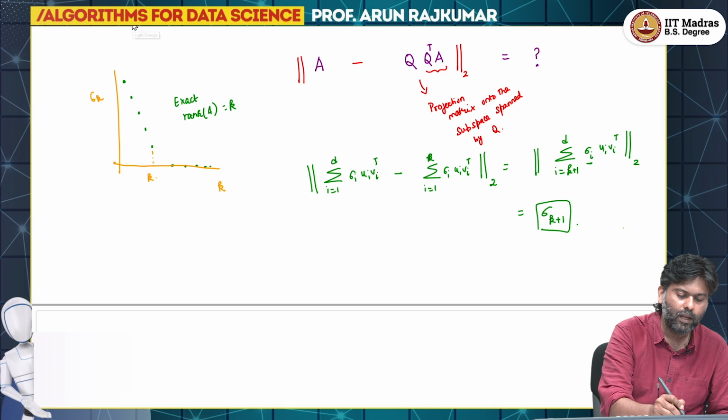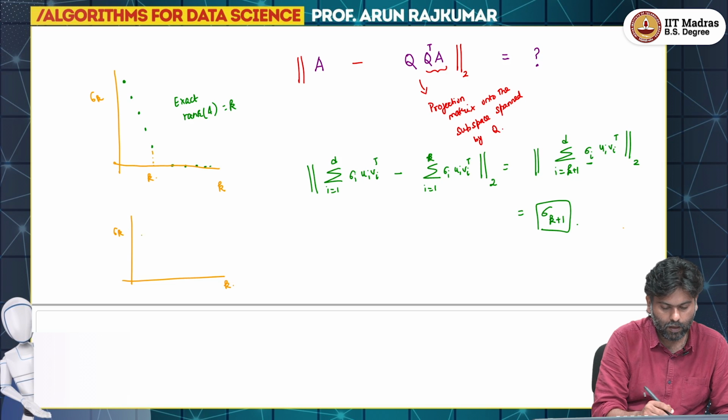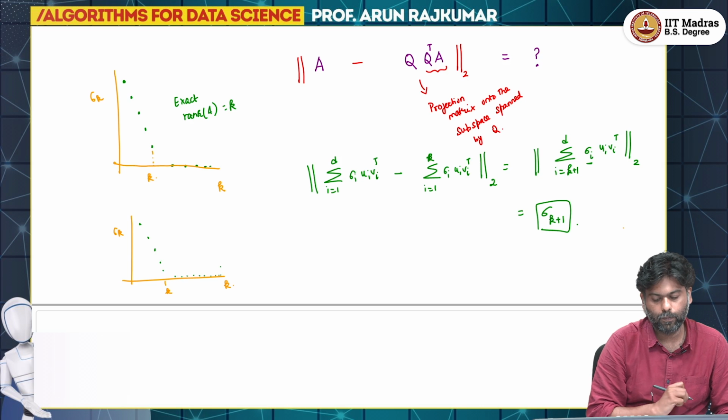On the other hand, if that does not happen, then what we would get is the following. If it is approximately rank k, which means that till k you have some useful information, and then after k the values become very, very small, right?